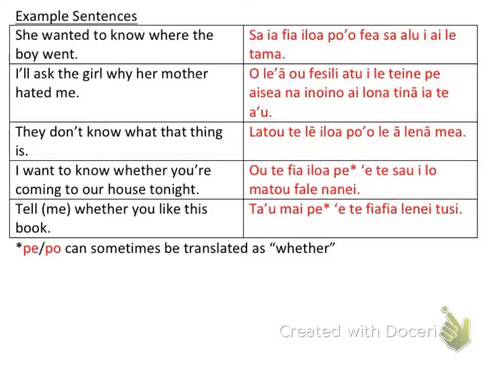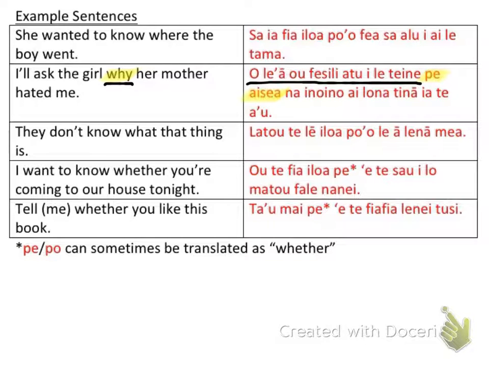Okay, so in this next one, I'll ask the girl why. This is another question word. Why her mother hated me, and that implies an indirect question. There's no question mark at the end of the statement. So I'll ask the girl, okay, and then the why is pe aisea. This is the why.